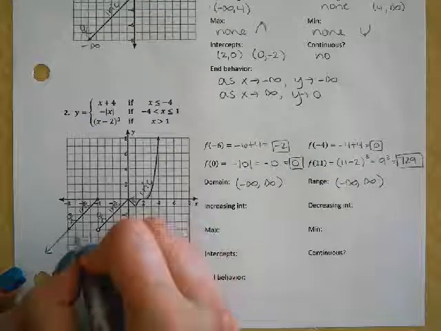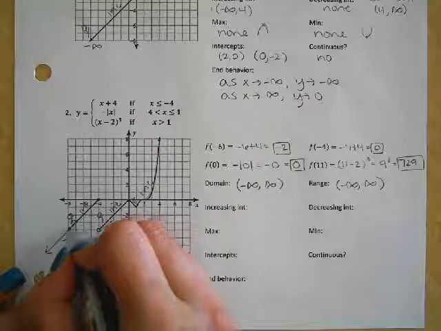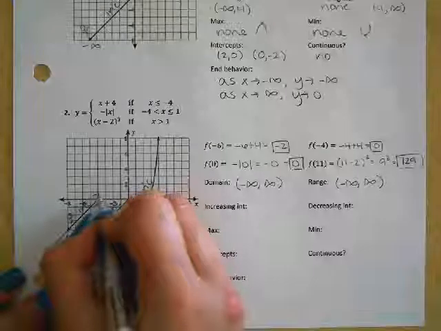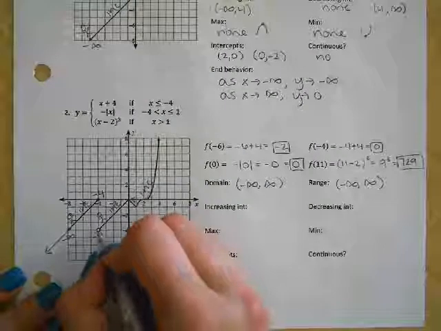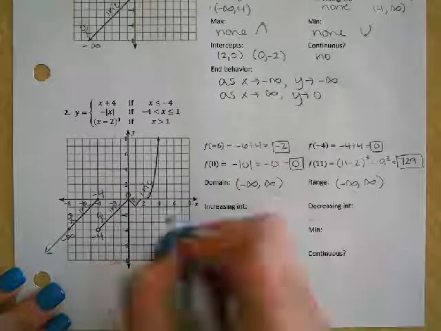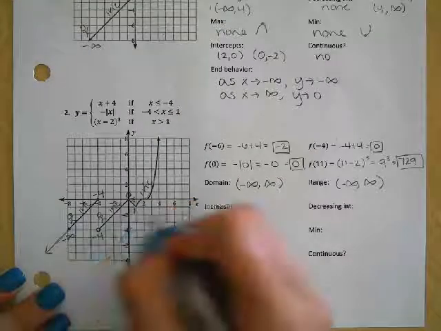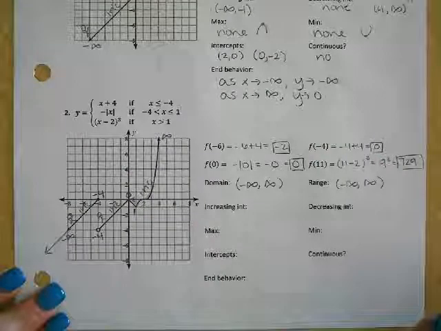So we're going to say that this is -infinity, so he increases starting at -infinity up to -4. And then this is from -4 to 0, and then from 0 to 1, and then from 1 to infinity.